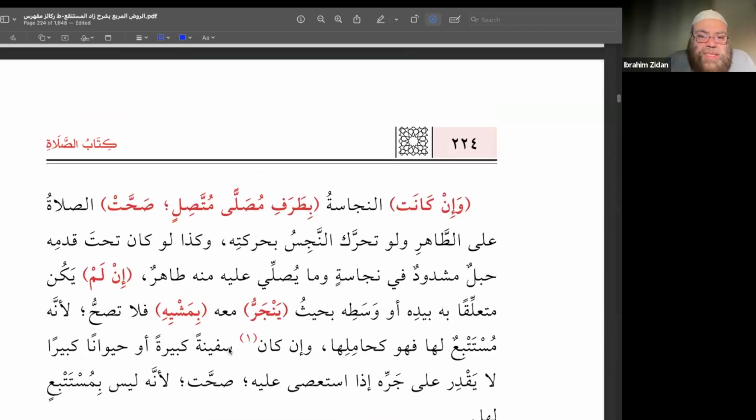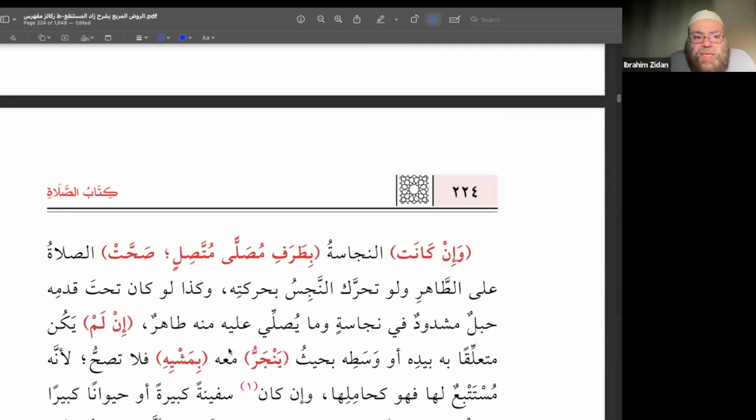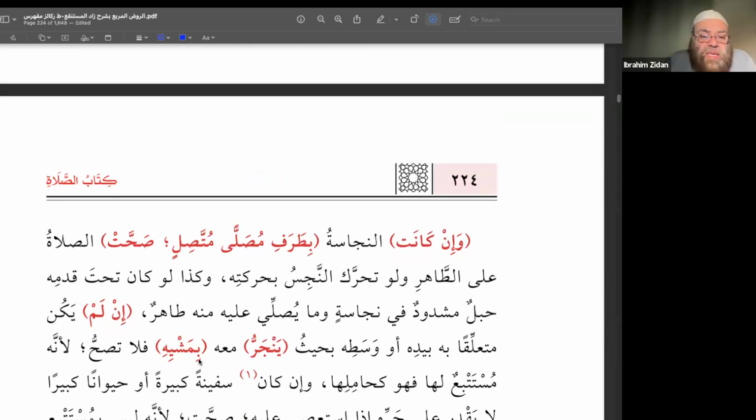What makes the difference between someone praying on something that is pure but attached to something najis, and it moves every time he makes sujood, for example, but he's not praying on it, he's praying on something pure, versus something attached to the person, and if he moves, it moves with him.